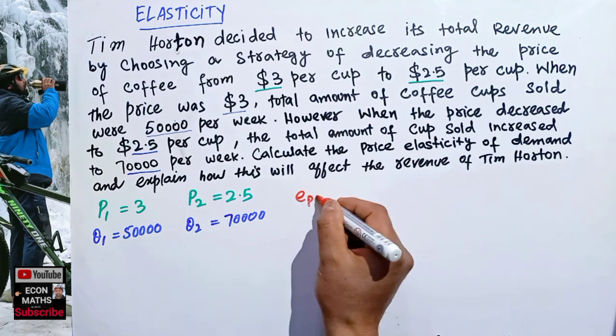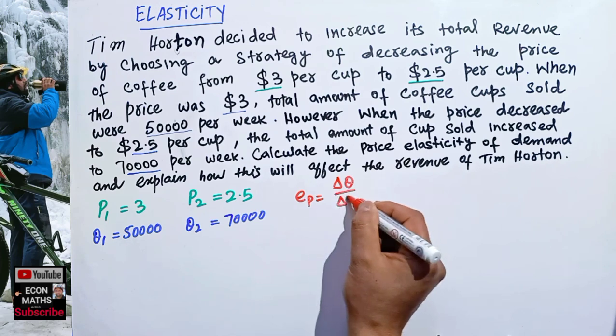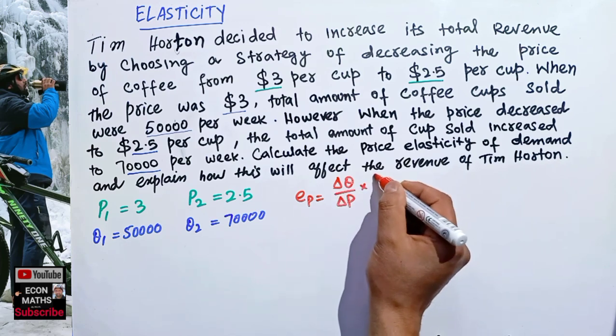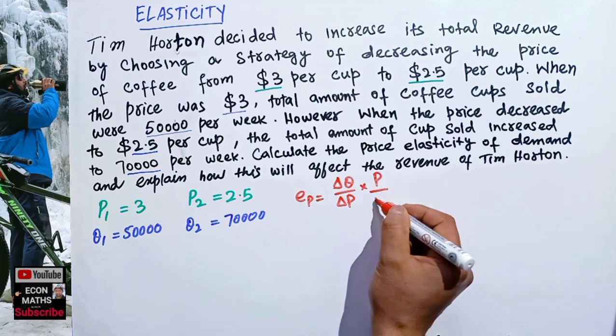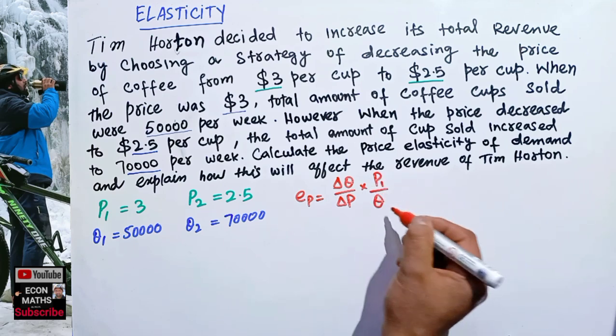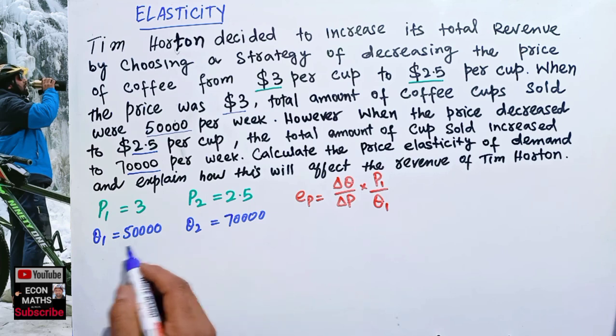Okay, now what is elasticity of demand? Elasticity of demand is simply the change in quantity upon change in price, into initial price upon initial quantity, so P1 upon Q1. Now what is the change in quantity?